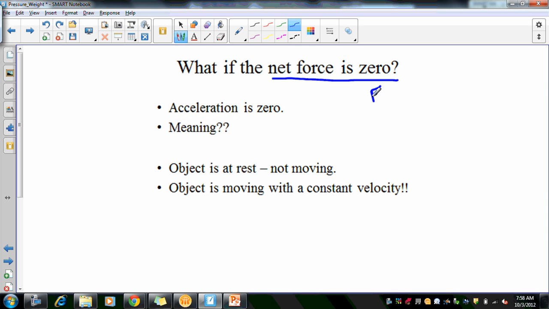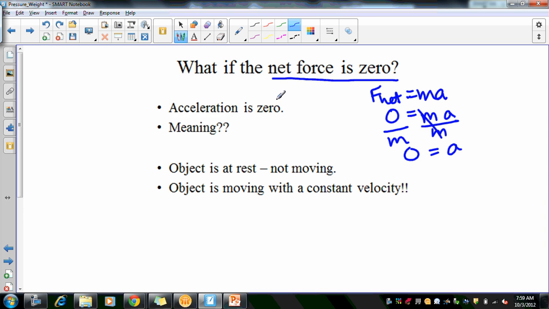So again, if we're using our equation, F net equals ma, if the net force is 0, we can't have an object with a mass of 0. And so if we solve for acceleration, 0 divided by anything gives you an acceleration of 0. So acceleration is 0. Now, what does that mean?